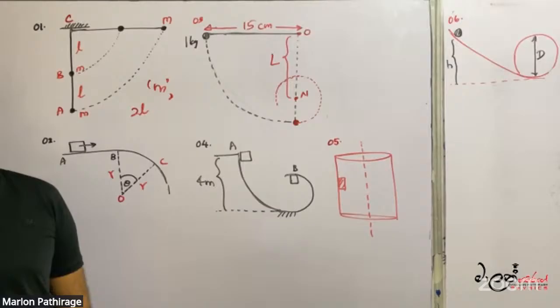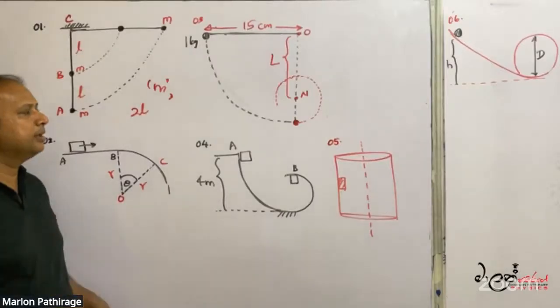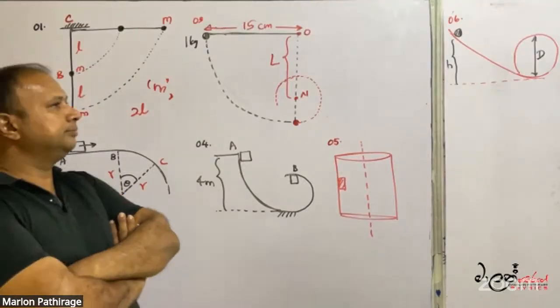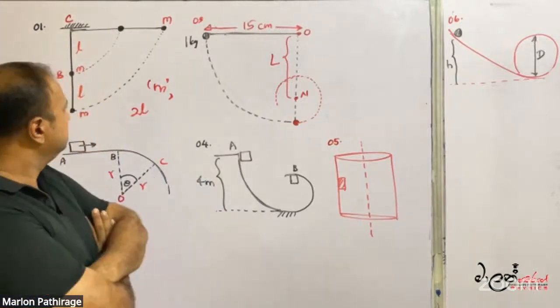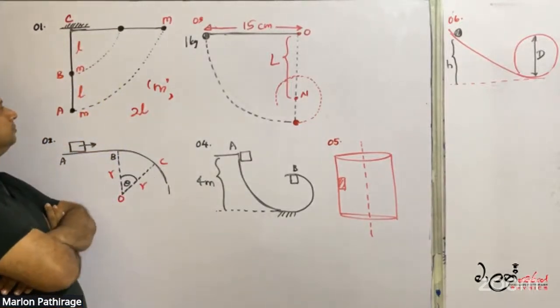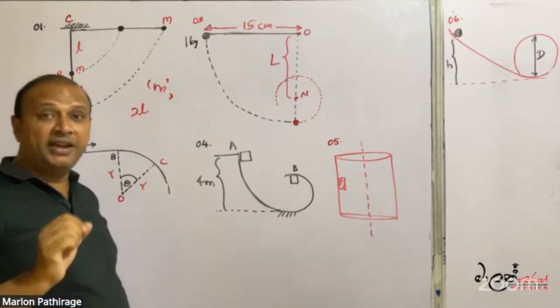The rod is released from rest in horizontal position. We're going to find the speed, okay?